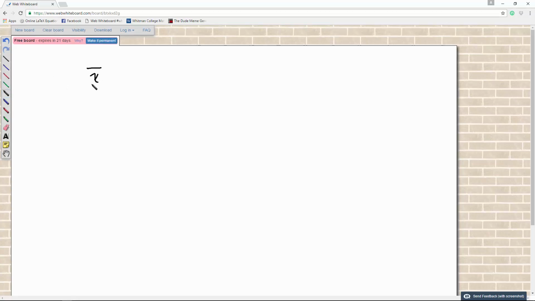So I want my mean plus or minus the error, and I know my error equals this t alpha over 2 times the standard deviation divided by the square root of the sample size.